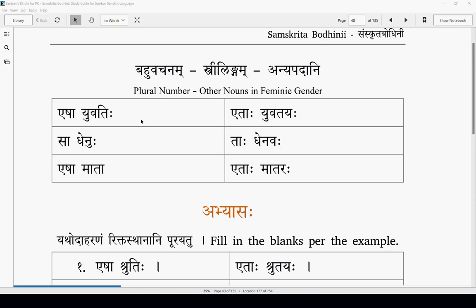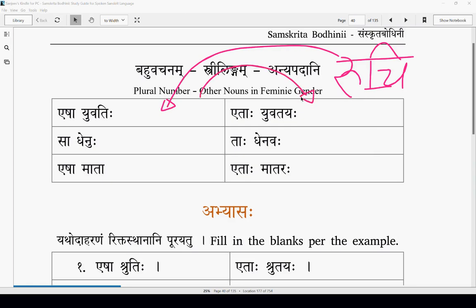For example, Ruchi means taste. What is the Prathama Vibhakti? Ruchi. And the Bahuvachanam becomes Ruchayaha.